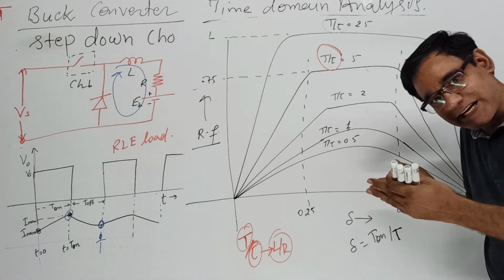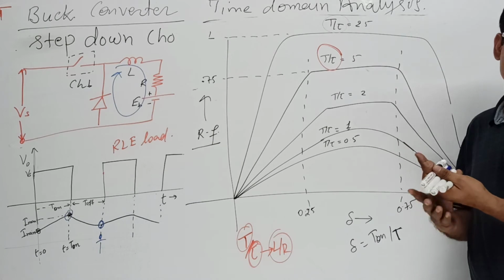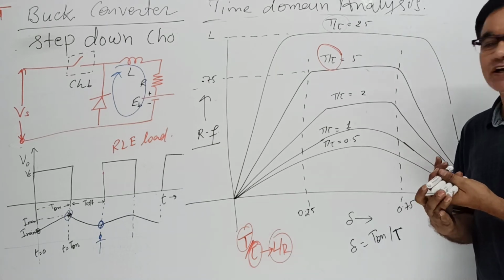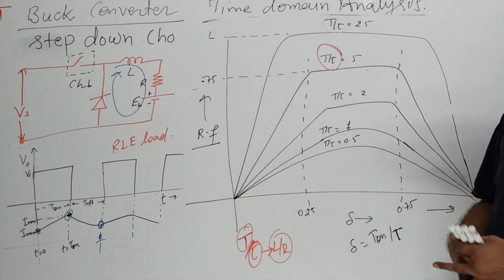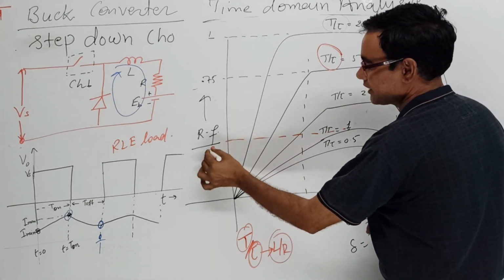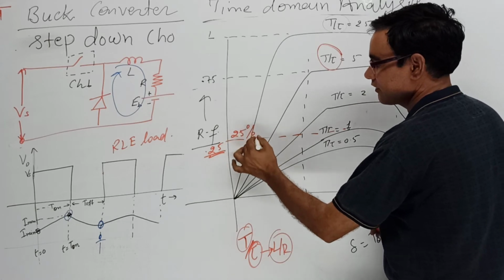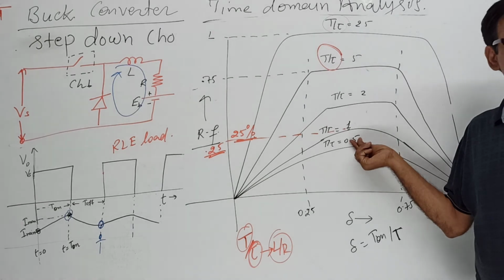If the cyclic time is lesser with respect to the circuit time constant, if the circuit is not allowing much time, so the ratio is 1, then the ripple is only 25%.